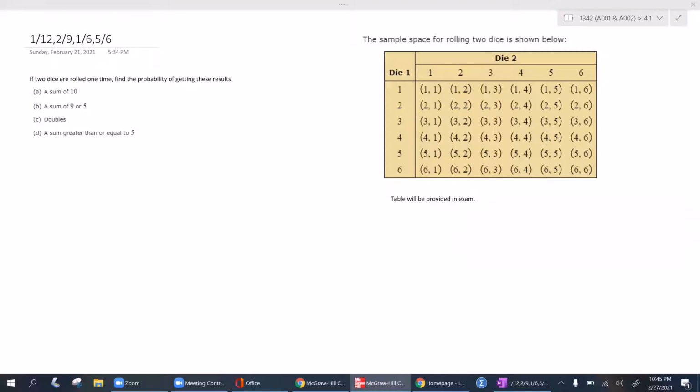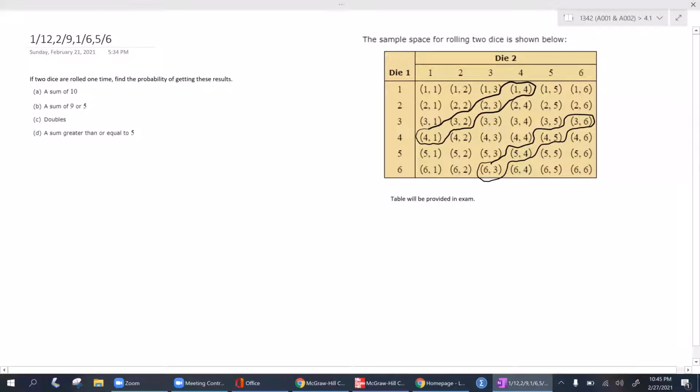So let's count these. Let's focus on the sum of 9s first. We said these are 9s, all these there. And landing on a 5, that's going to be 4 plus 1, 3 plus 2, 2 plus 3, and 1 plus 4. So it's going to be that diagonal right there.